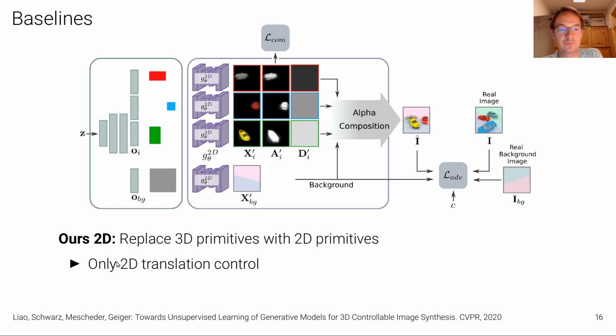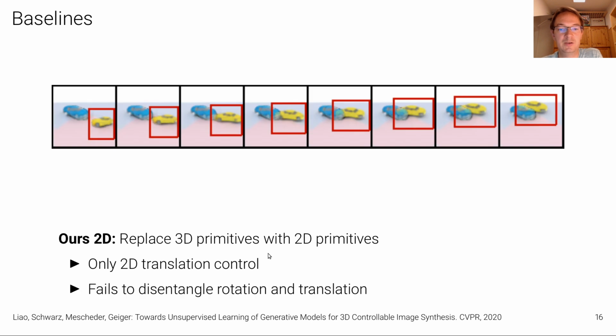Now, compared to our full 3D model, this only provides 2D translational control. And while the identity is not entangled with the translation, it fails to, of course, disentangle rotation and translation because it doesn't know anything about rotation in 3D. So if we move this object, as you can see here, then it also changes the rotation of the object.